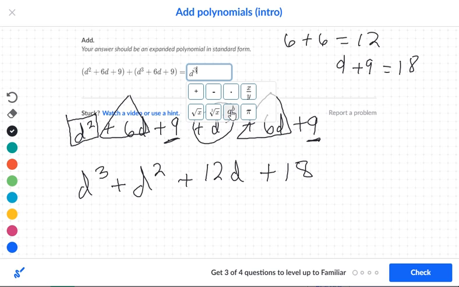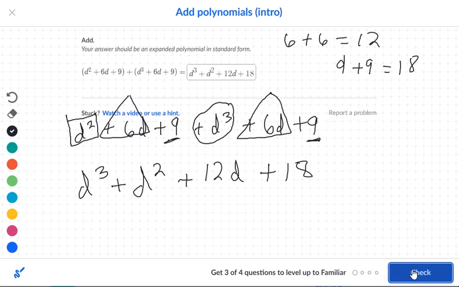Now I'm going to press the space bar, which brings the cursor down. Press the plus sign, press the d, then go back to the AB key, which gives you an exponent of 2. Press the space bar, and now we're going to type in plus 12, then the letter d after that, and then plus sign 18.